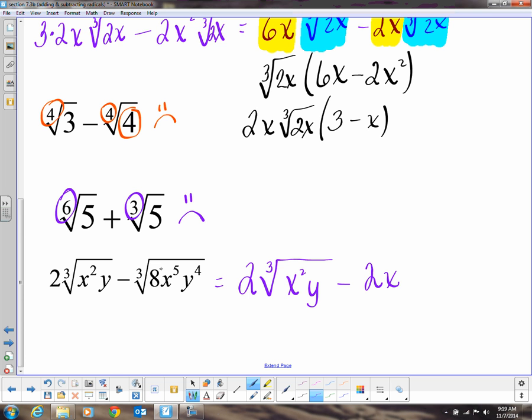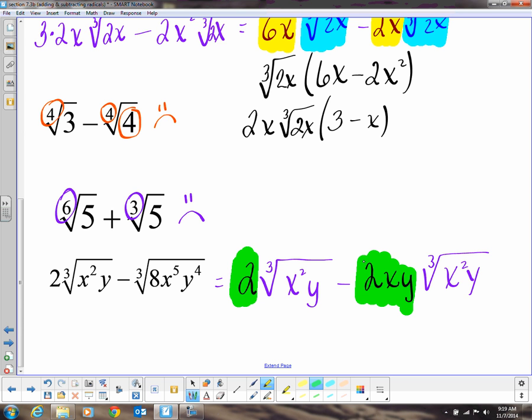How many groups of 3 are in y to the 4th? Leaving us with how many x's and how many y's? Do my radicands and my indices match? So that's so far so good. What's the problem? Yeah, you can't add them because those are different.